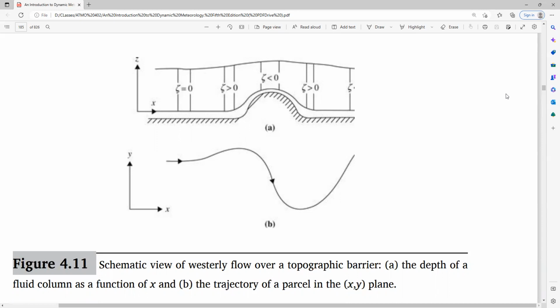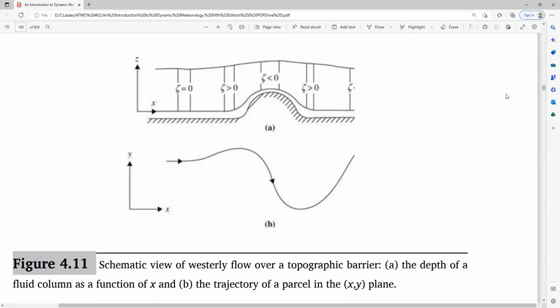If the air is lifted, you have adiabatic expansion and adiabatic cooling, so the density cannot be conserved, cannot be constant. As you go higher up, density decreases. But this assumption is based on the shallow water equation, so the density is considered constant.